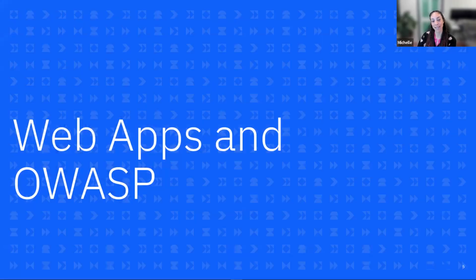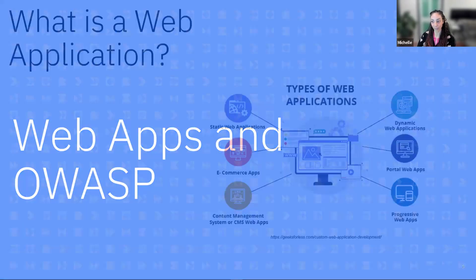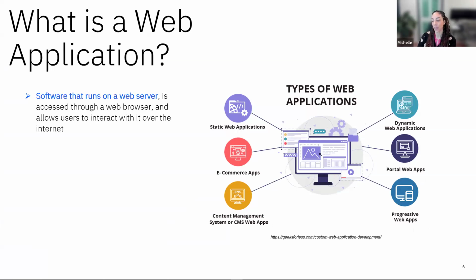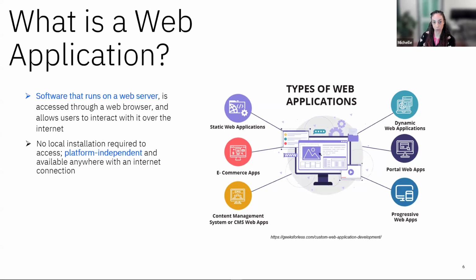Kicking off with web apps and OWASP. So first off, what is a web application? We all know we use them every day, mostly, but it's kind of nice to go back to the foundations and explore what they actually are so we're on the same page. A web application is really just software. It runs on a web server, it's accessed through a web browser, and it allows an end user to interact with the application over the internet. You don't have to install anything locally, right?